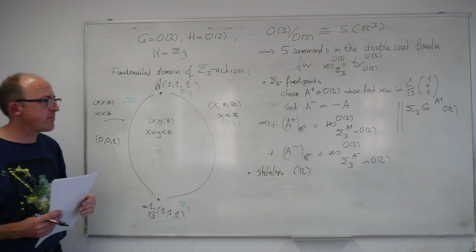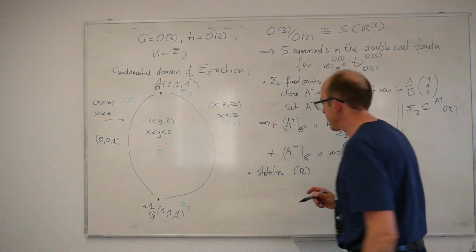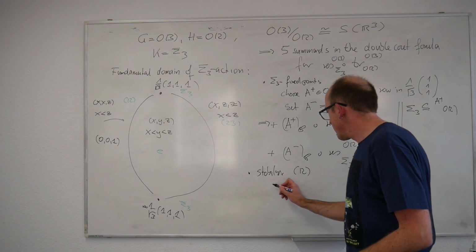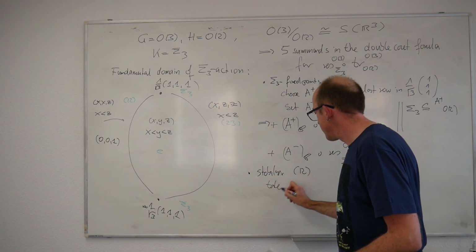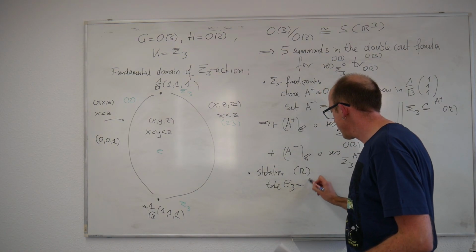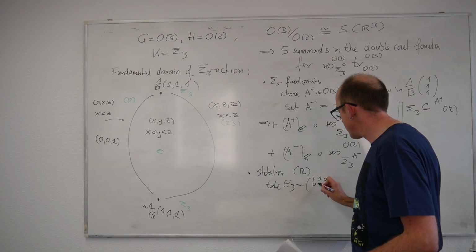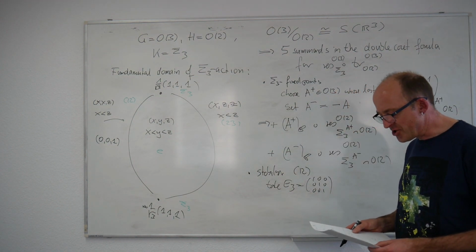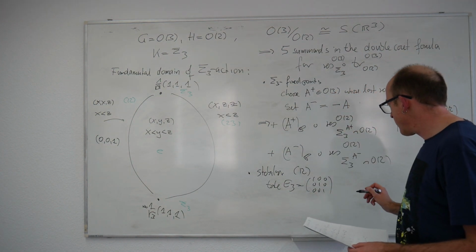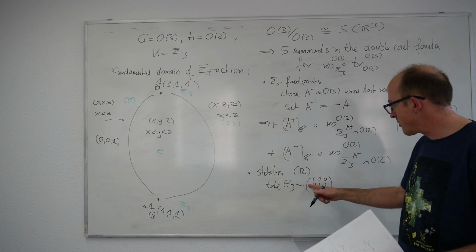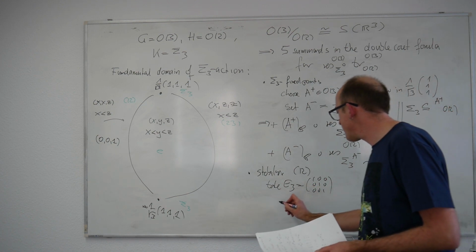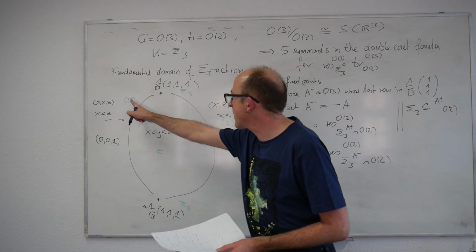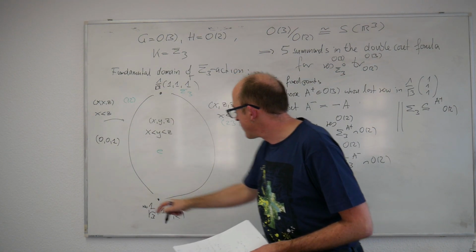So this summand will be the one that corresponds to the double coset of the identity. So we take E3 as 1, 0, 0, 0, 1, 0, 0, 0, 1 as our little g. So we get no conjugation homomorphism. The conjugation is, of course, the identity. And then the summand will be minus, which is the internal Euler characteristic of this open line segment.